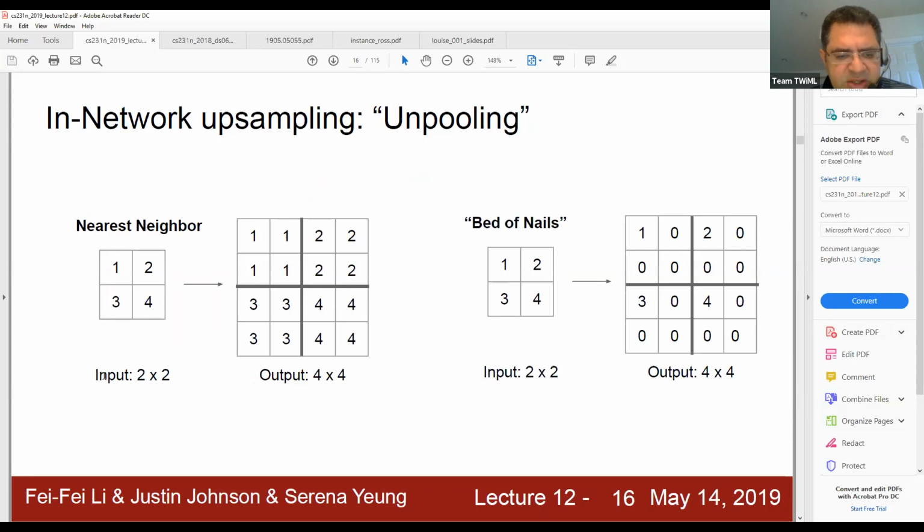The basic idea is you have a 2x2 matrix and you want to go to a 4x4 matrix. The nearest neighbor approach is to just replicate the ones and twos this way, or they have a bed of nails approach, and people just tried out different things for upsampling.